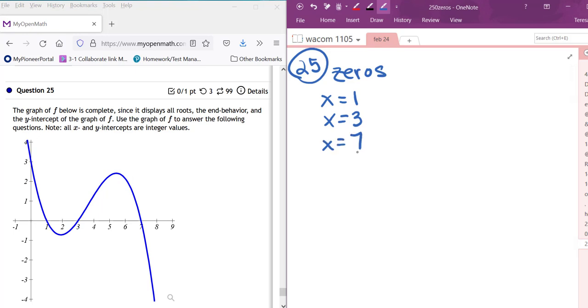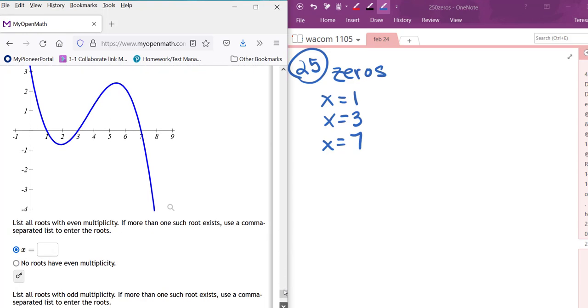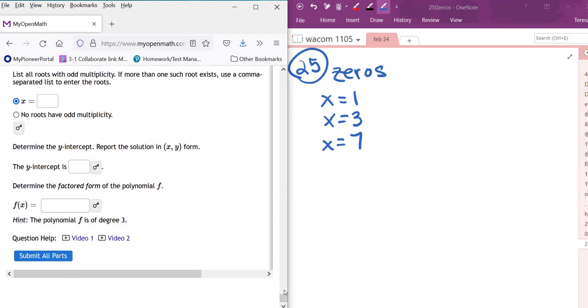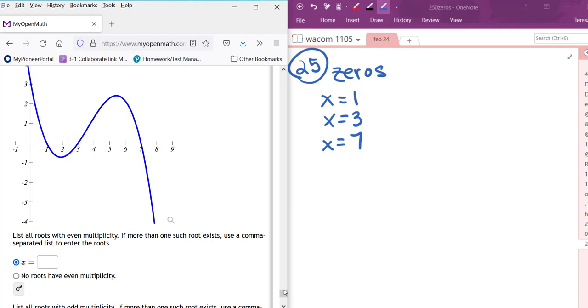For all of these, it crosses through, so these are each going to just occur one time. I'm assuming it's a degree 3, and we have the whole graph. Maybe they told us, yes, they told us that at the end. So we have all the zeros here.